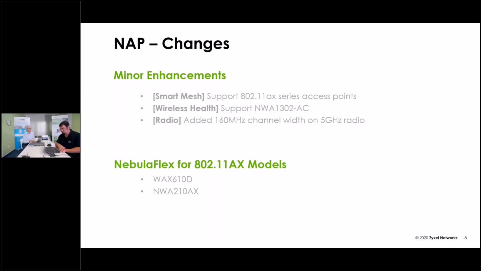In the radio settings, you can now also select a 160 megahertz channel on the 5 gigahertz radio module. Also, when it comes to compatible devices, we have added the WAX710D as well as the NWA210AX access point into our Nebula capable portfolio.